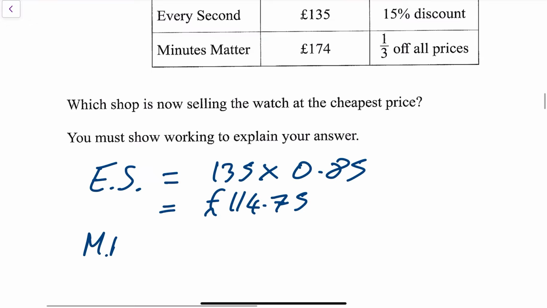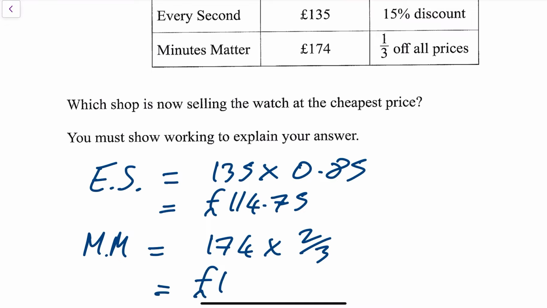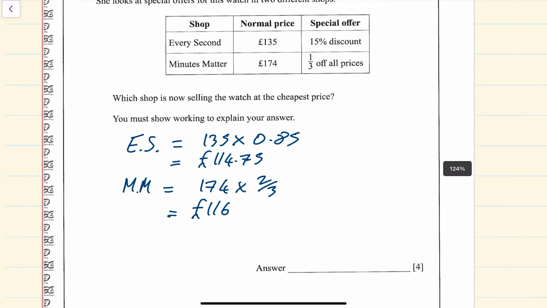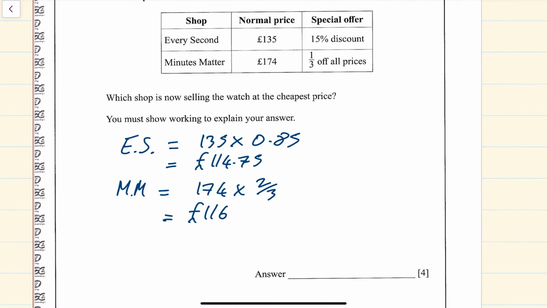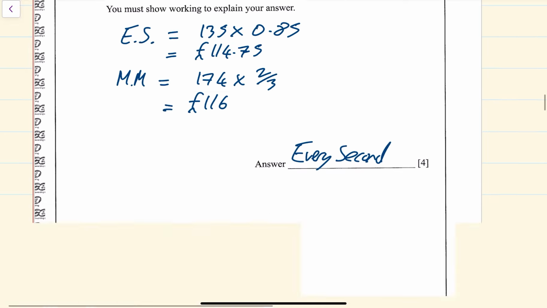For Minutes Matter, 174 times 2/3 works out to be £116. So Every Second is cheaper.